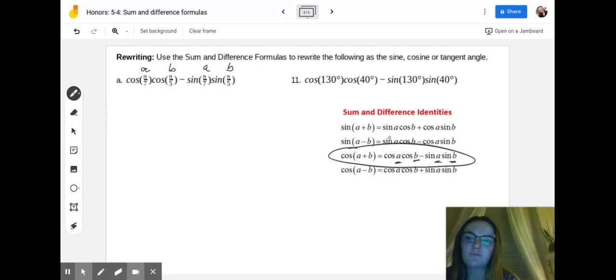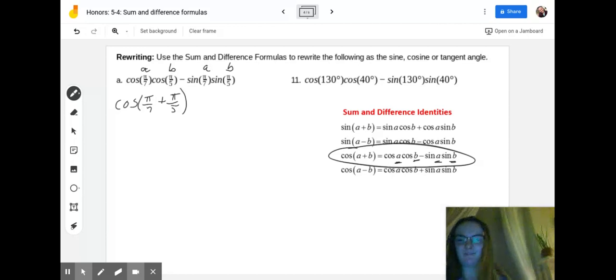So let's rewrite it. This is going to be the cosine of A, which is pi over 7, plus B, which is pi over 5. So all I need to do is use my combining fractions skills to simplify this. To add pi over 7 plus pi over 5, I need a common denominator.